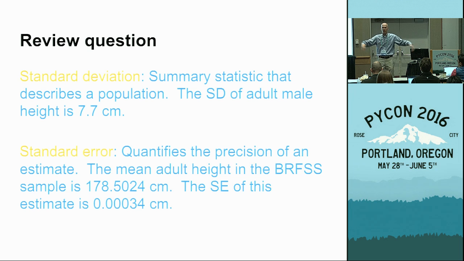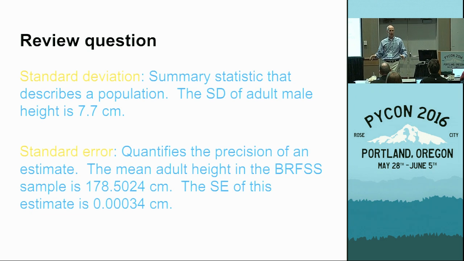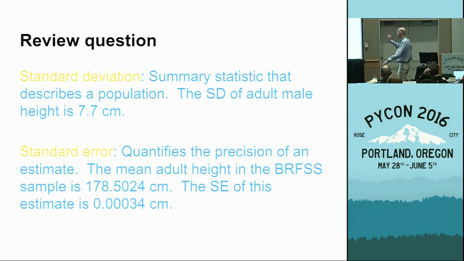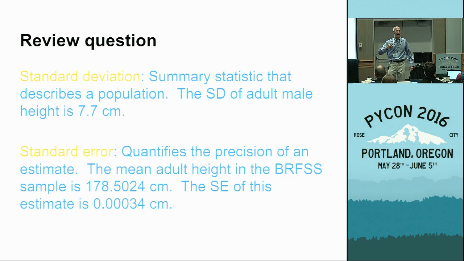If I get a whole bunch of men and I measure their heights, the standard deviation of that distribution is about 7.7 centimeters. Now, if I collect a sample of men and I compute their average height, I'm going to tell you that the average is 178.5024 centimeters.